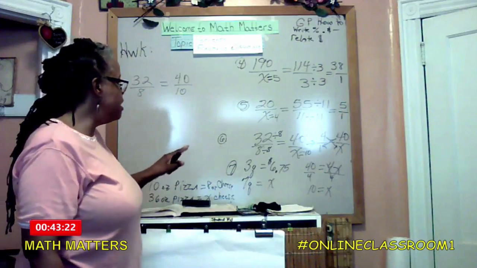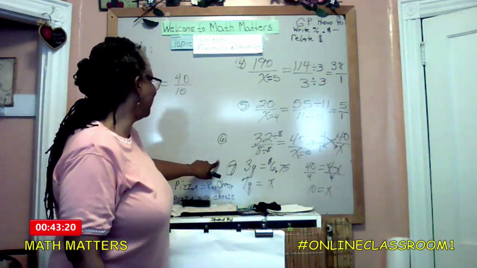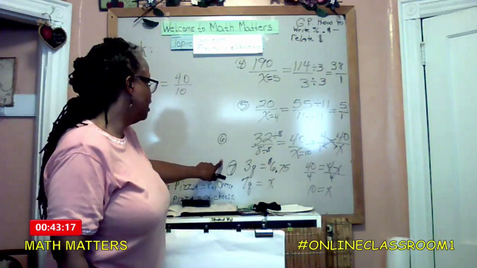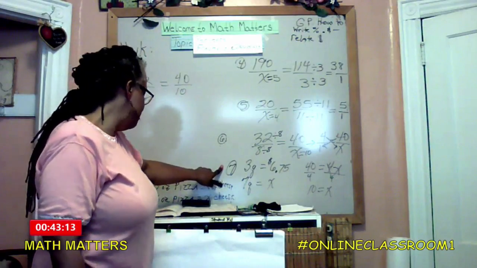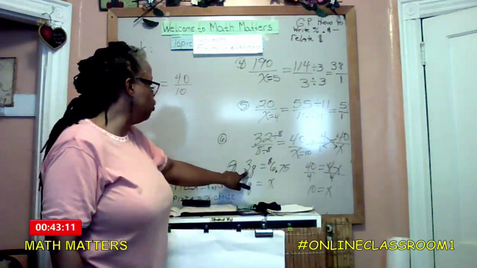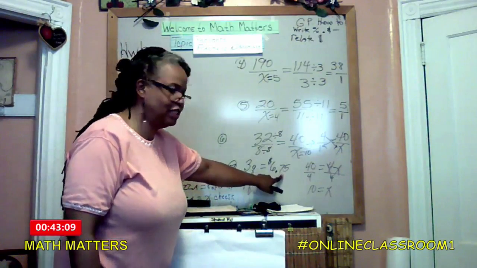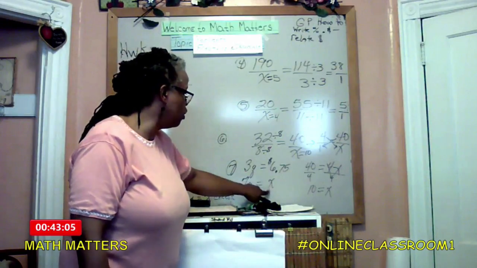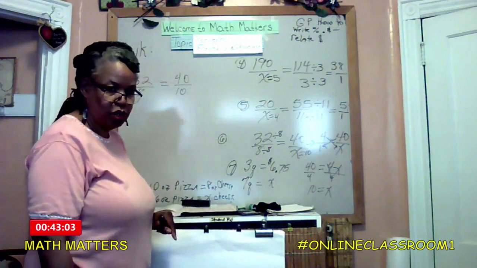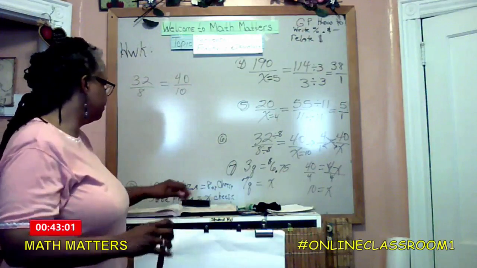Number 7. We were talking about quarts of milk. 3 quarts of milk cost $6.75. 7 quarts of milk will cost how much? We're getting ready to figure it out.